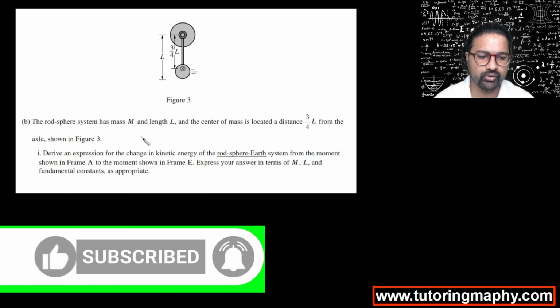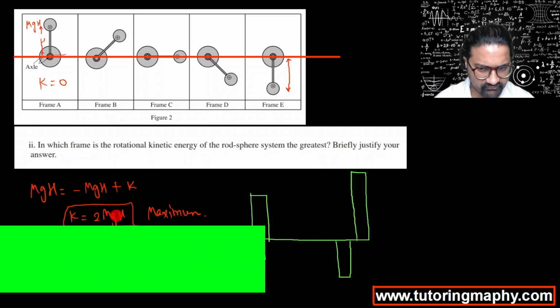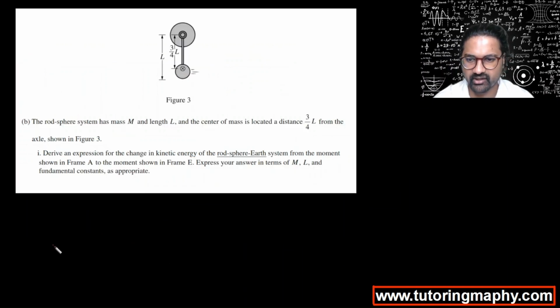So all we have to do is go back and borrow this expression, because that is eventually the change in the kinetic energy. Because the kinetic energy at A plus potential energy at A is kinetic energy at E plus the potential energy at E. Kinetic energy at A is 0. Potential energy at A was mgh, like we said earlier.